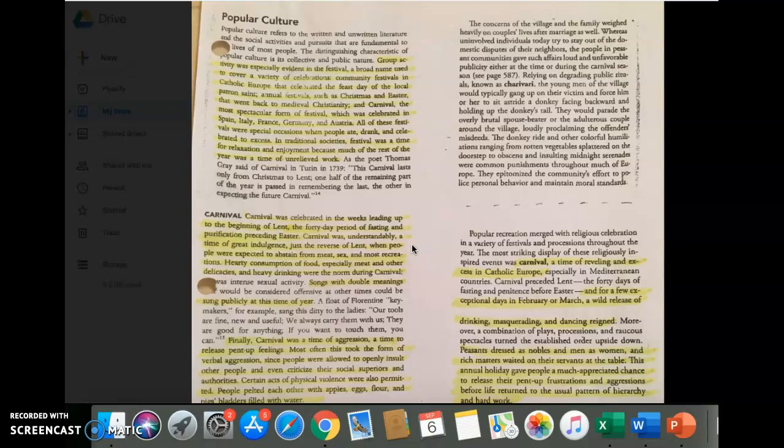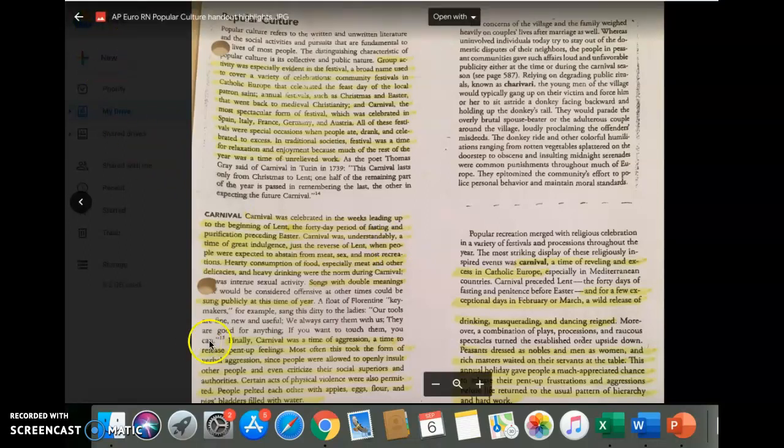Hearty consumption of food, especially meat and other delicacies, and heavy drinking were the norm during Carnival. So was intense sexual activity. Songs with double meanings that would be considered offensive at other times would be sung publicly at this time of year.